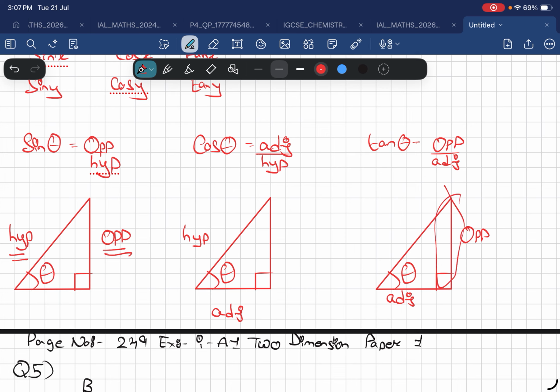If you divide this side with this side, you will get tan theta. Okay guys, is it clear?